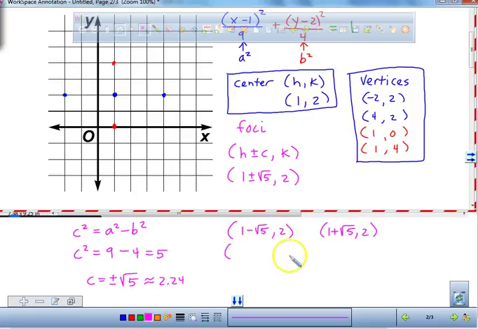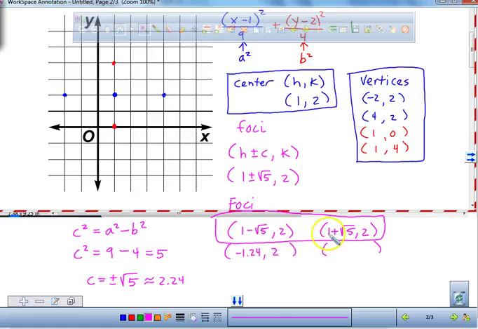Now here's the approximate values that you can use to help plot it on your paper, okay? Technically, on your paper, that's all you need for the 2 foci. Those are the 2 answers for the foci. But if I do 1 minus 2.24, that's going to make it a negative 1.24, comma 2.